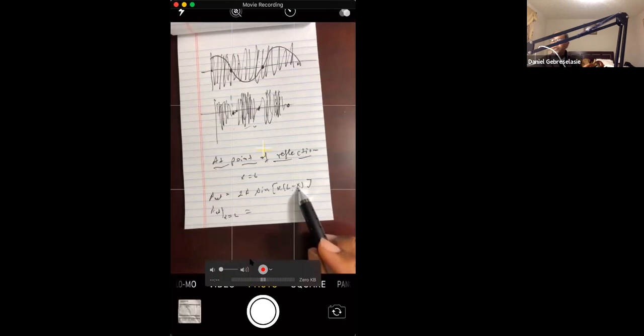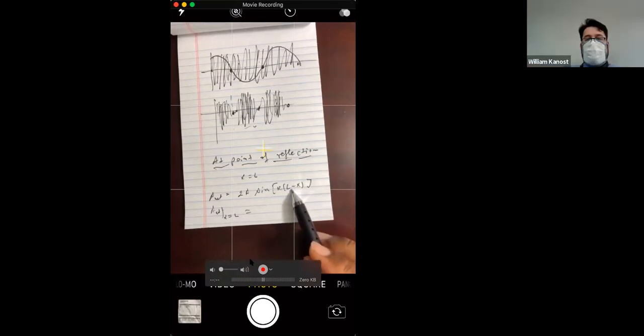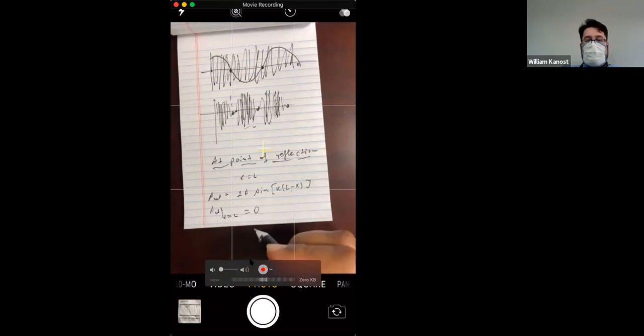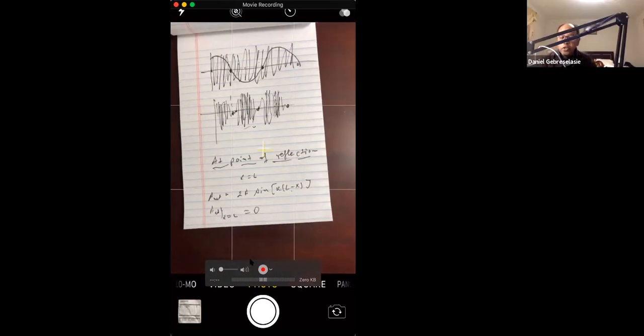If you put L over here, you get sine of 0, right? So what's sine of 0? 0. So what does that tell you? Is the point of reflection a node or antinode? No vibration at the point of reflection, so the point of reflection is a node. Okay, no vibration over there. So this implies the point of reflection is a node.